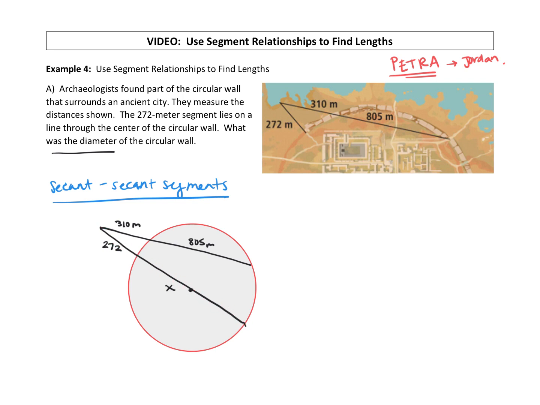So that's how we're going to get an equation to solve for x, which is the diameter. So the theorem says 310 times the full segment, 310 plus 805.